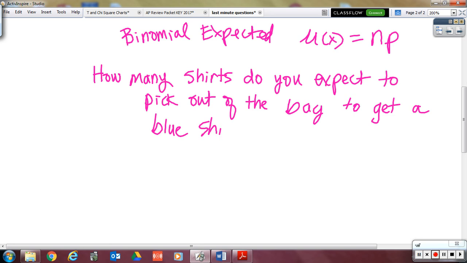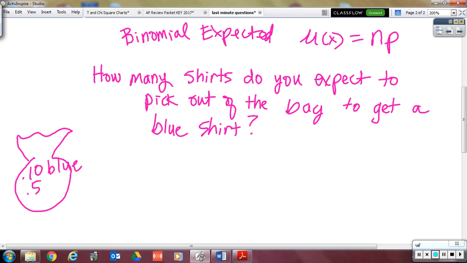Okay? And what I would have told you is something like, there is 10% blue shirts in the bag, 50% red shirts in the bag, and 40% green shirts in the bag. So how many shirts do you expect to pick until you get a blue one?